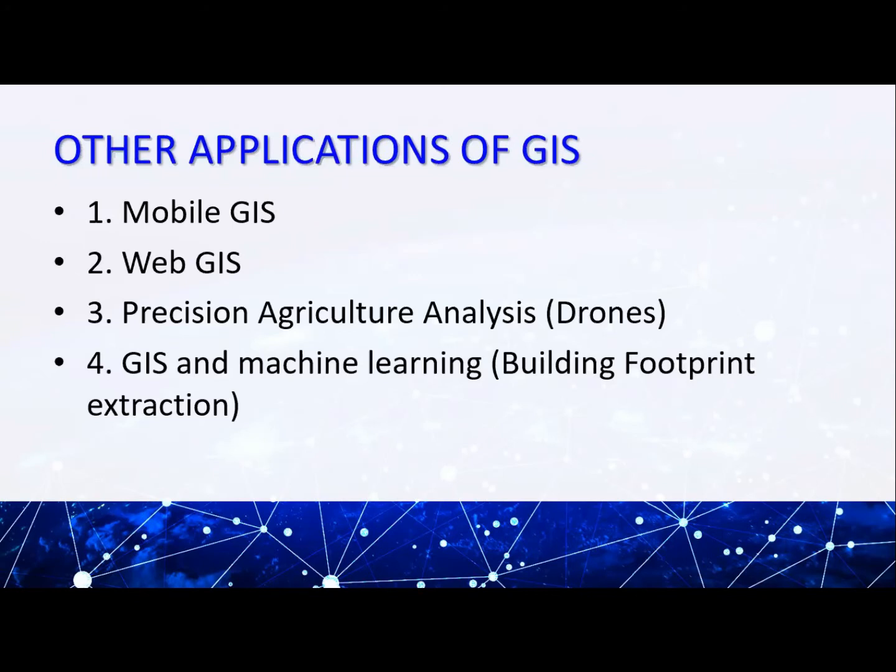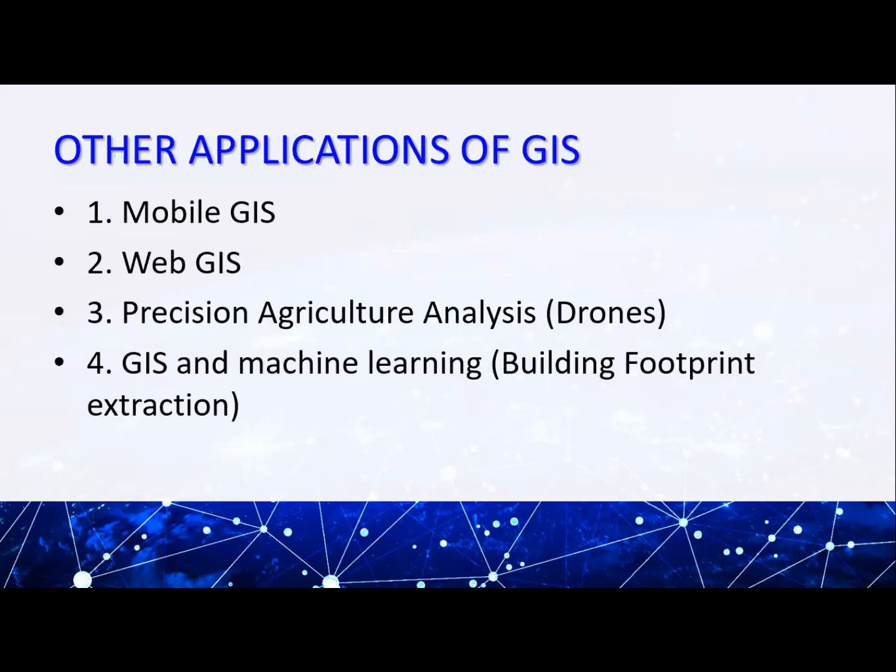For example, you want to see how a particular indicator is looking in a particular area, you log into the portal and you're able to view some web maps. Then also GIS is now being actively used in precision agriculture, where people are estimating things like crop yield. They fly a drone over a field and do some analysis using the drones and also machine learning.